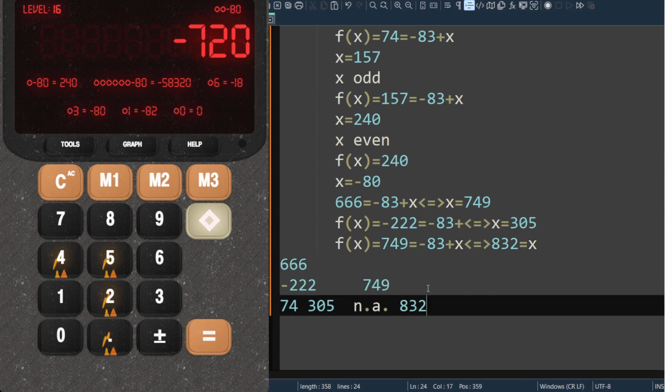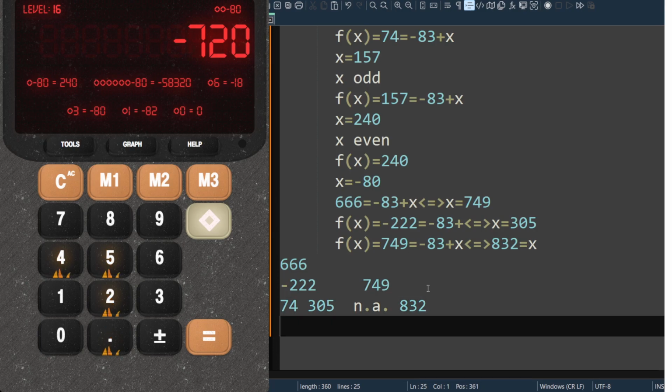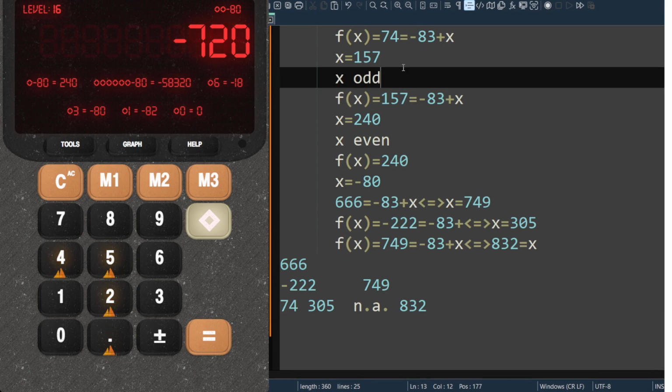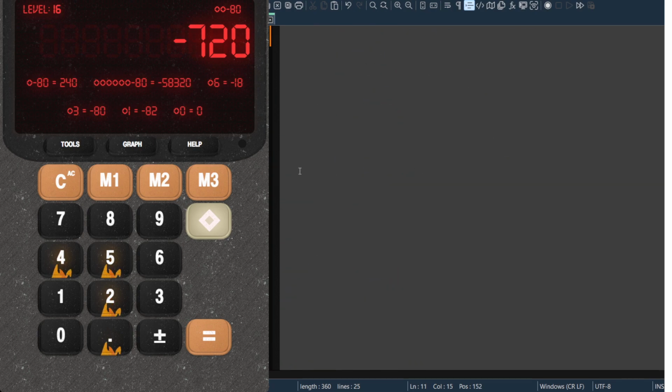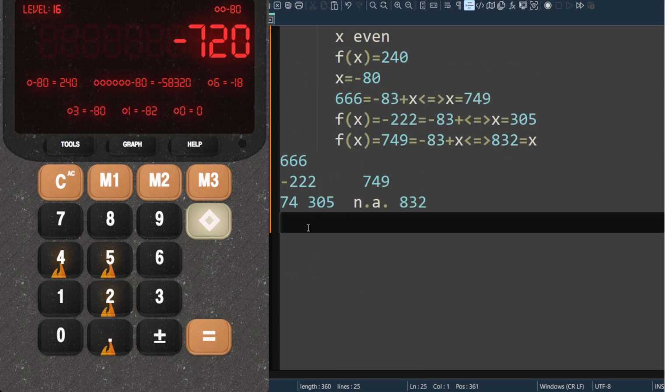So 832. Okay. Still nothing that is divisible by 3 on this one. So right now we still have 3 solutions to work with. 74, we've already tried one method of having this have an odd solution. 74 does not have an even solution because it's not divisible by 3.